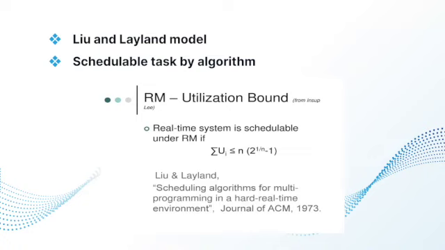In the model of Liu and Layland, a task T is characterized by two parameters, a worst-case execution requirement E and a period P. This particular task is invoked at each non-negative integer multiple of P. Each invocation requires at most E units of processor time and must complete its execution within P units of time. A collection of periodic tasks is referred to as a periodic task system, and it's denoted by T.